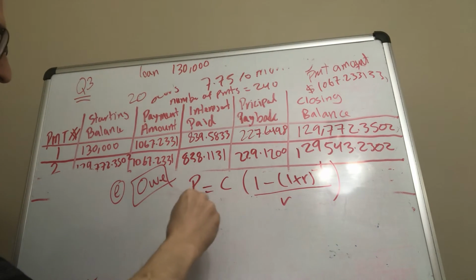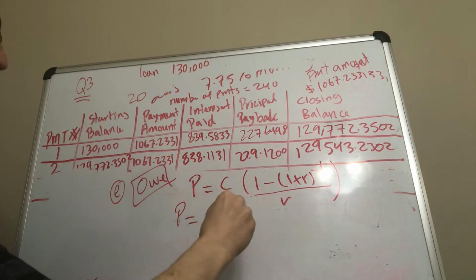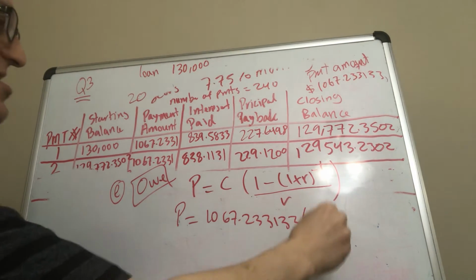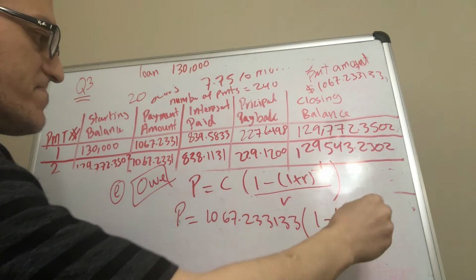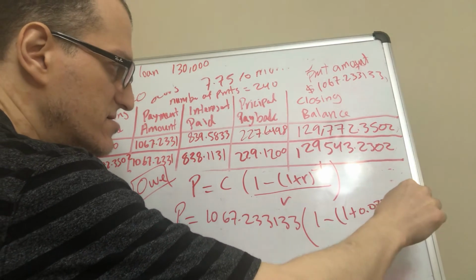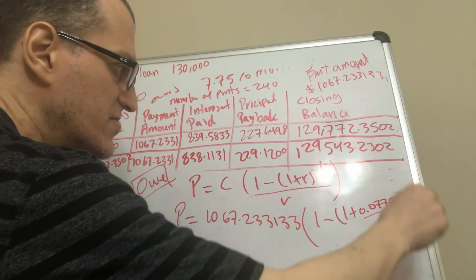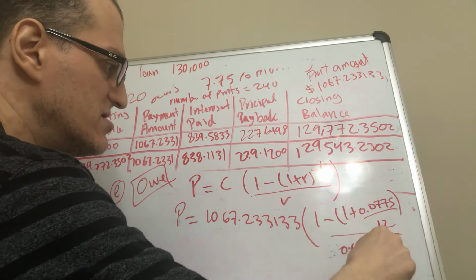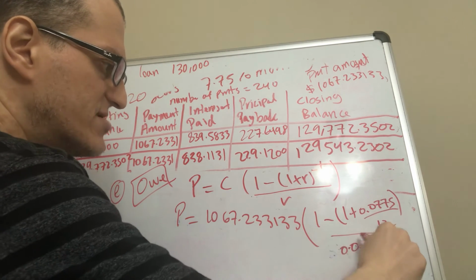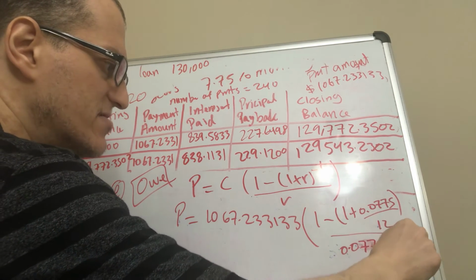We know the payment is 1,067,233,133. We know the R is this over 12. We figured this out, but I don't remember what the number is, and it was the result of taking this over 12.